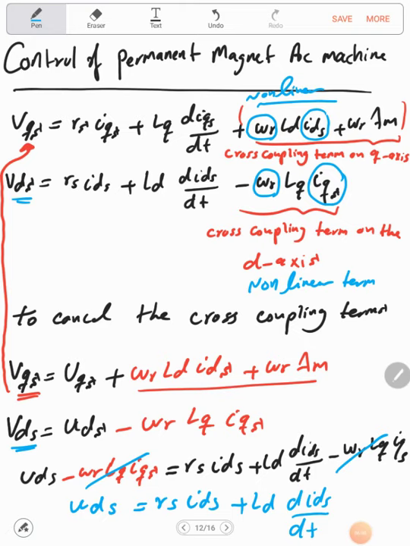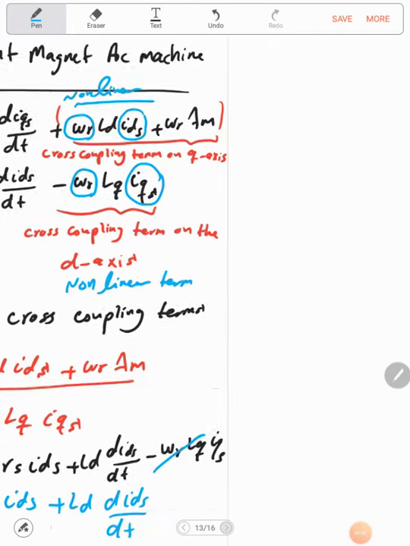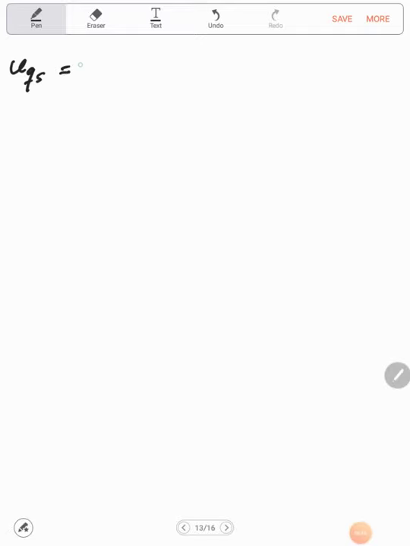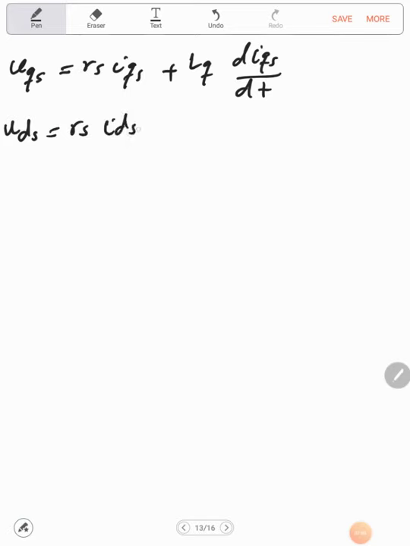So substituting the newly designed UQS and UDS in the voltage equations, we will get UQS equal RS IQS plus LQ dIQS by dt, and UDS equal to RS IDS plus LD dIDS by dt.